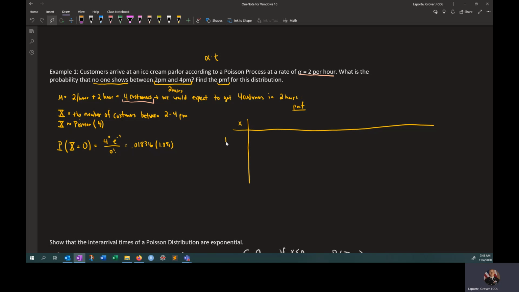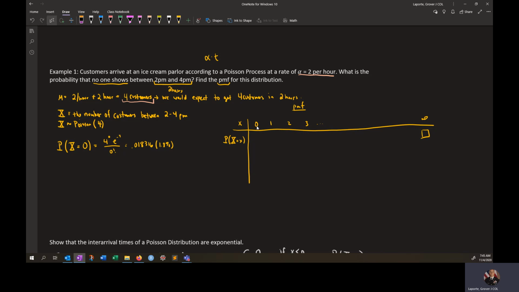Then I want the probability that the random variable x is equal to whatever our x value is. So x can be 0, 1, 2, 3, all the way out, basically you could go to infinity, but obviously as the numbers get larger, these go to 0. You can kind of look and see what it looks like there.